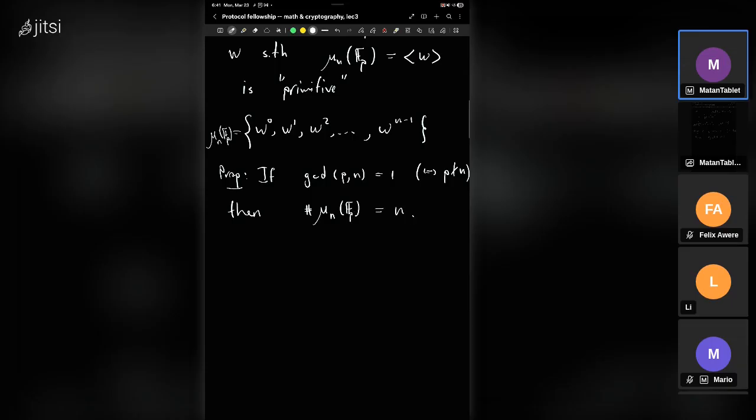Namely, all the roots of x to the n minus 1 are different.